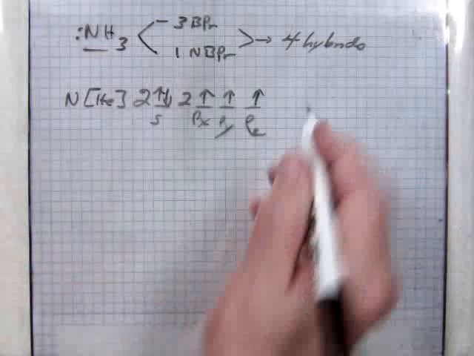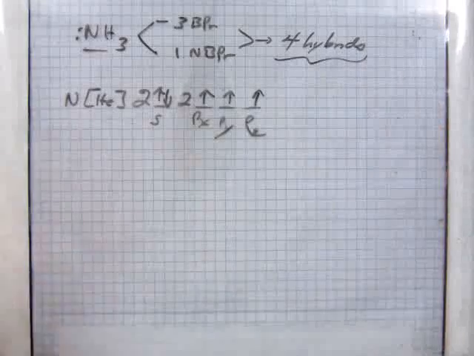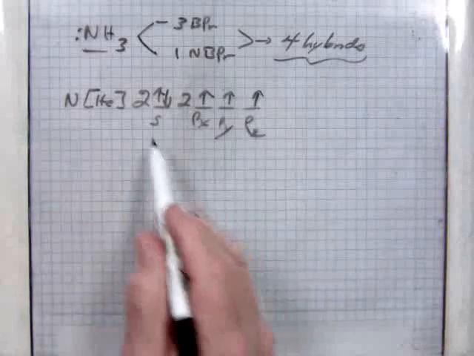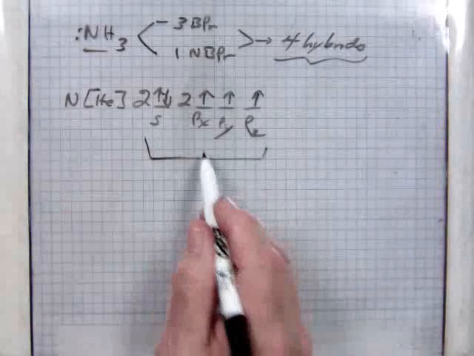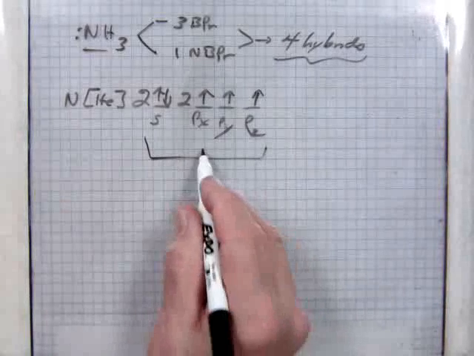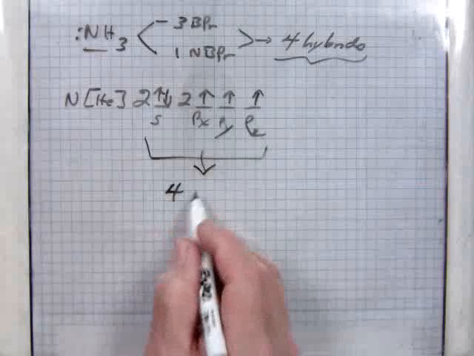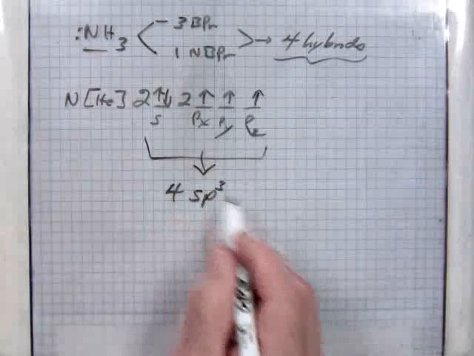So this says we have to have 4 hybrids. So that's what we'll do out of this. We'll take an s and 3 p's and make 4 sp3 hybrids.